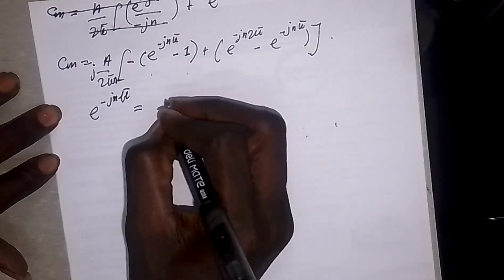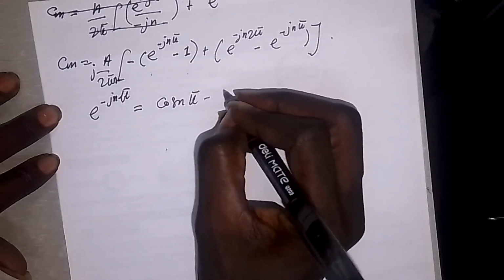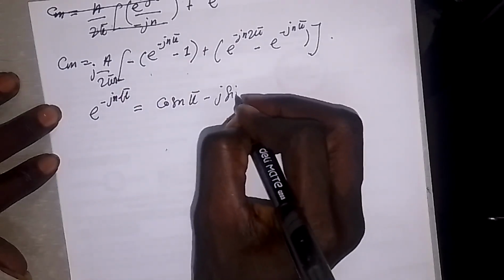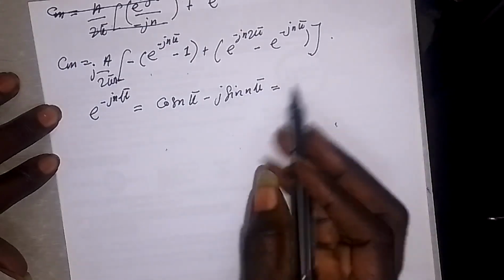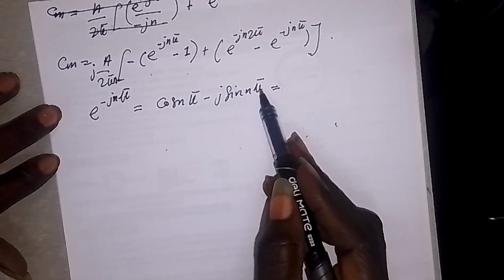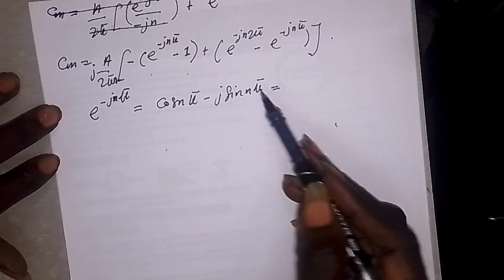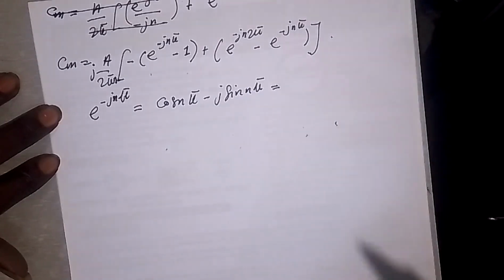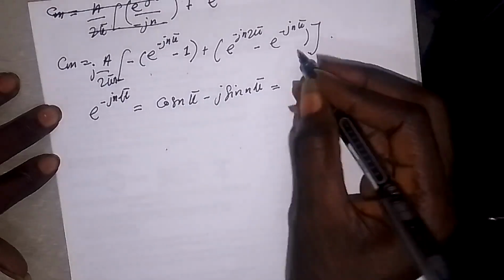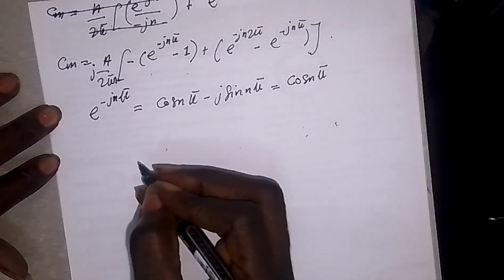This term equals cos n pi minus j sine n pi. We know that the value of sine n pi will always be 0, because if n is 1, sine pi is 0. If n is 2, sine 2 pi is 0. If n is 3, sine 3 pi is 0, and so on and so forth. So we'll be left with only cos n pi.